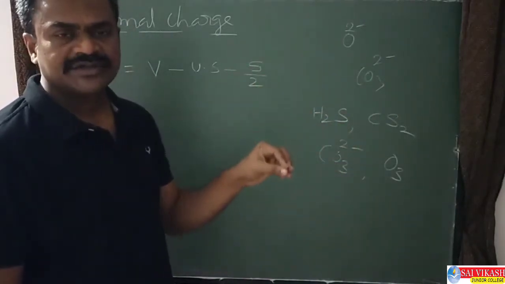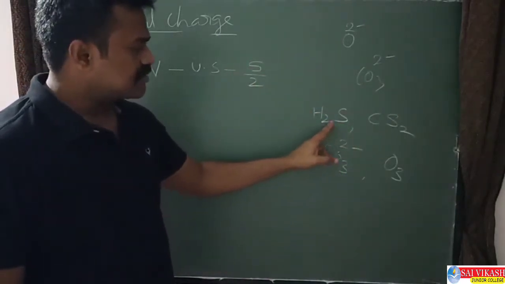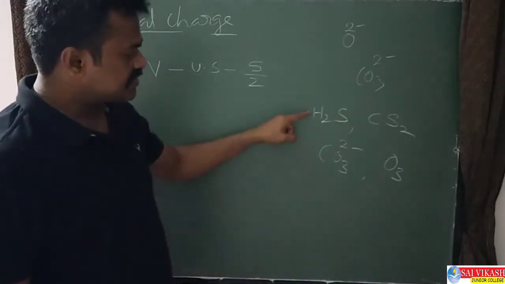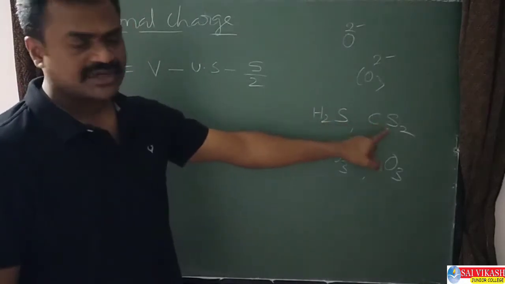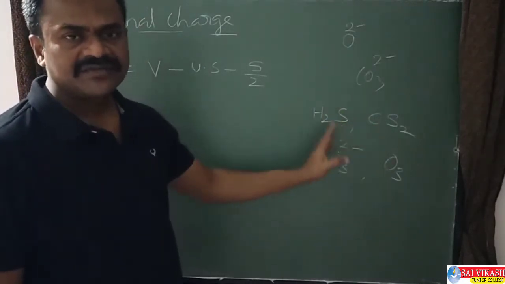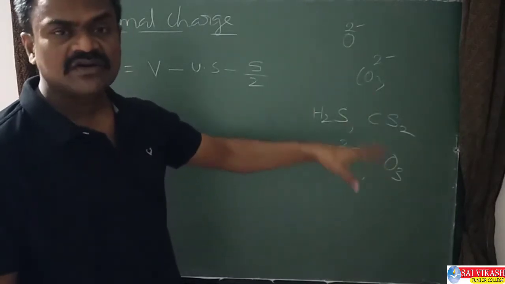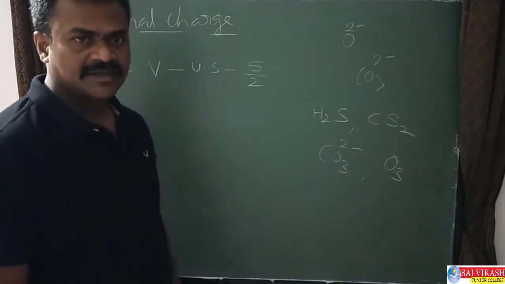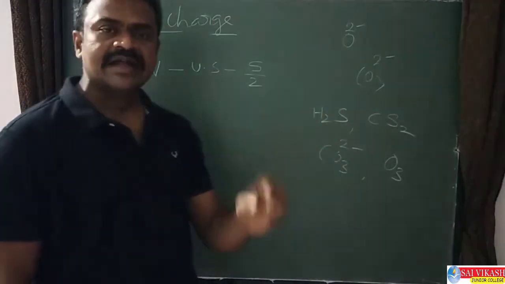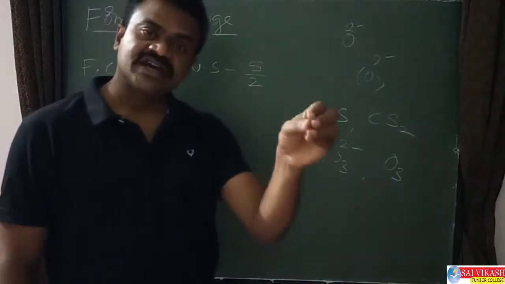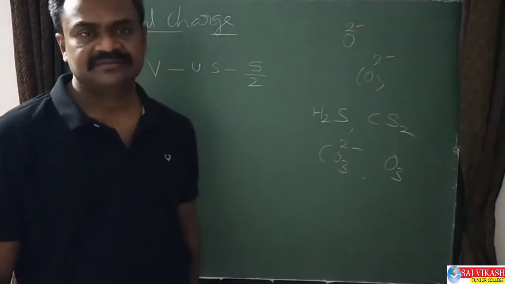In all these molecules, some are not having any charges. This is neutral, this is also neutral. It means the sum of all the formal charges of all atoms is equal to 0. That is the total charge of the molecule or ion.